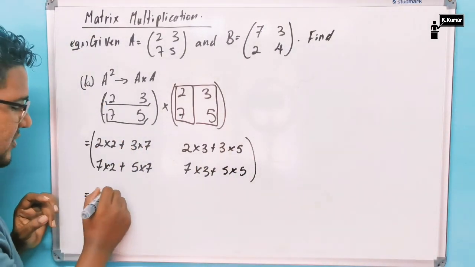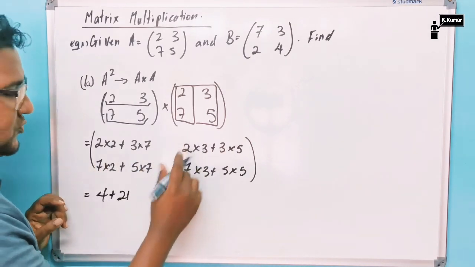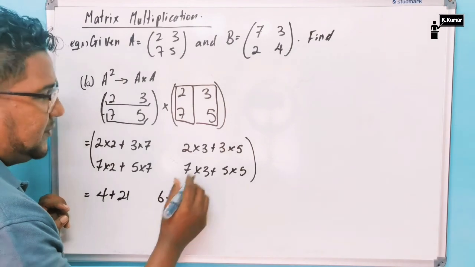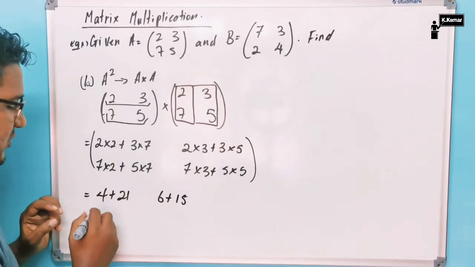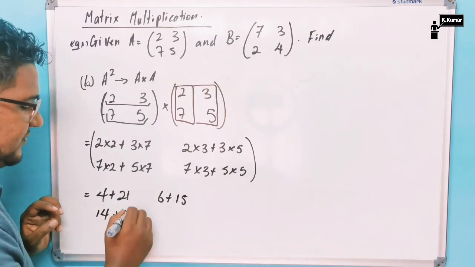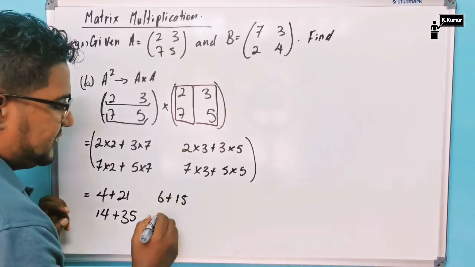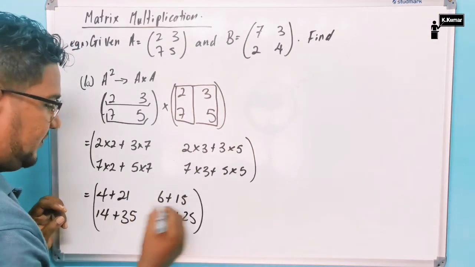2 2s are 4 plus 3 7s are 21. 2 3s are 6 plus 3 5s are 15. Then 7 2s are 14 plus 5 7s are 35. And then 7 3s are 21 plus 5 5s are 25.